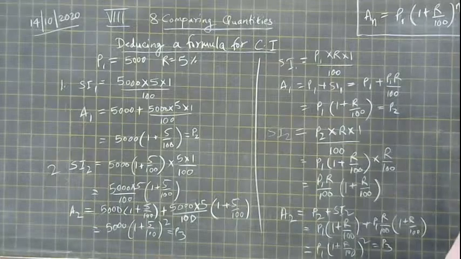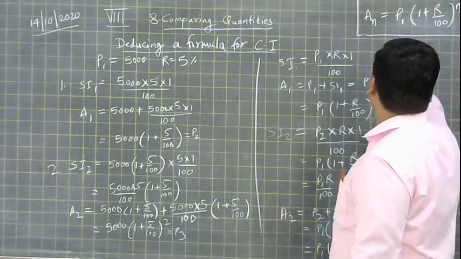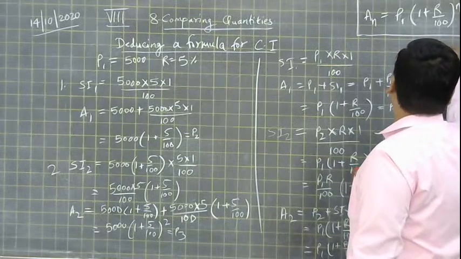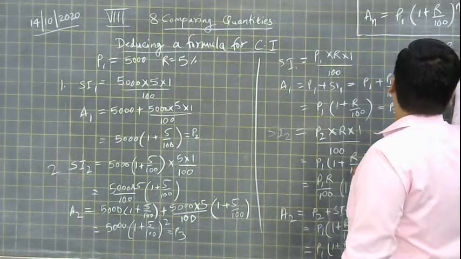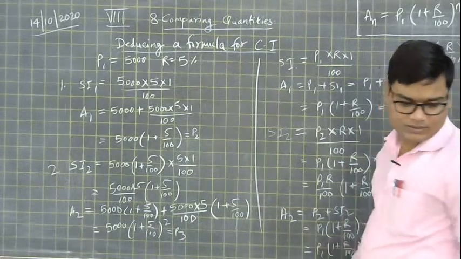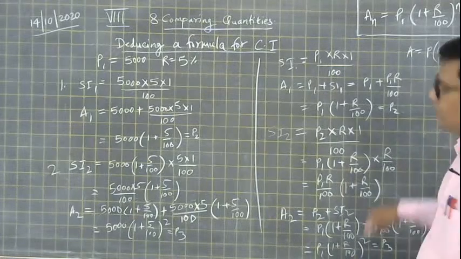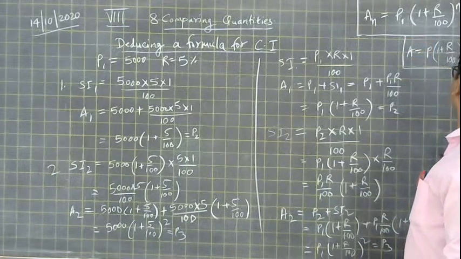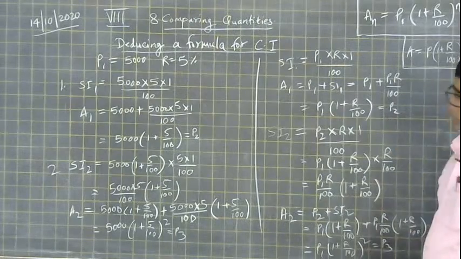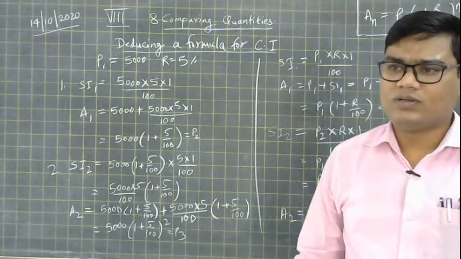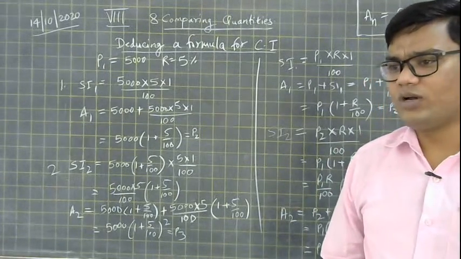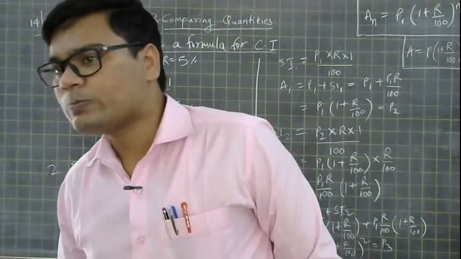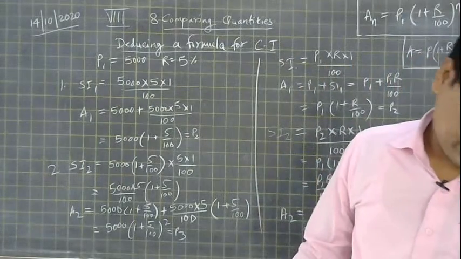Or we can simply say A is equal to P into 1 plus R upon 100 power n. So we have deduced the formula for compound interest.